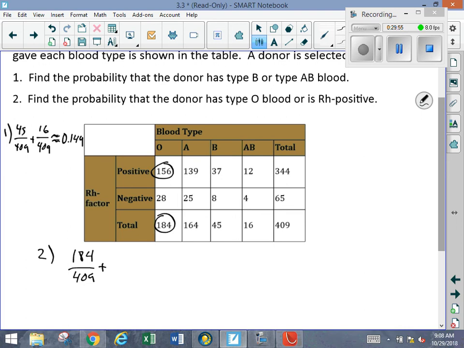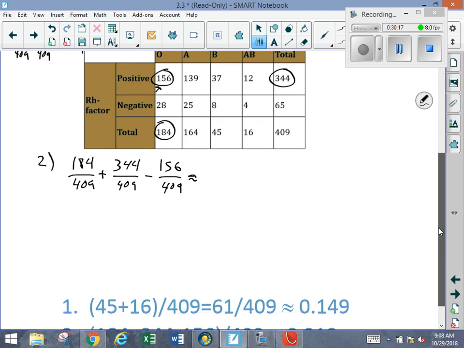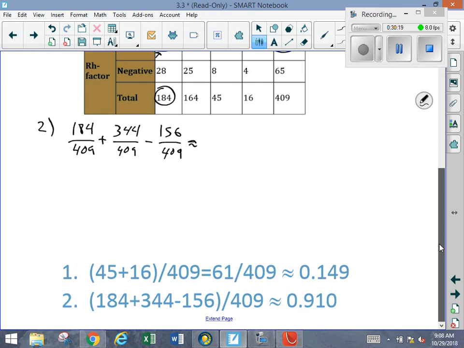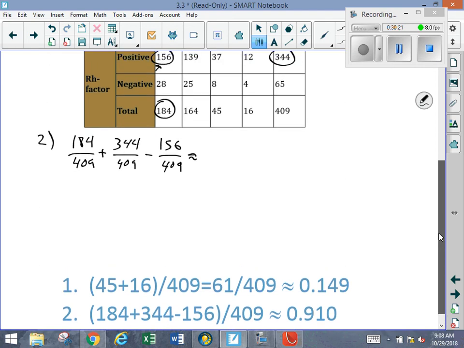And how about the people that are Rh positive? That's all the B's, right? We've got to subtract the overlap. So let's see what they got for the first calculation for that. We got 0.910.